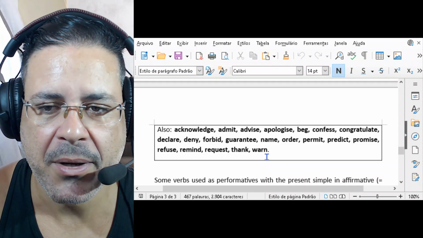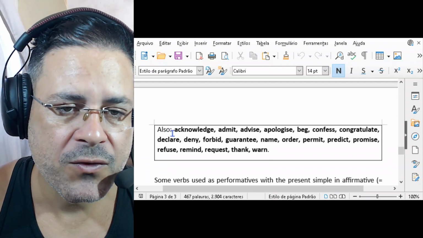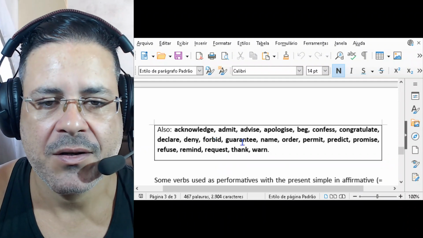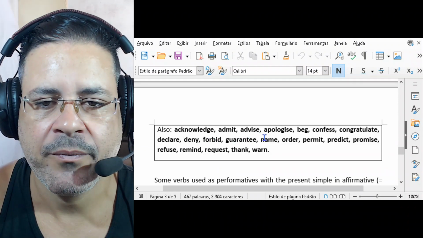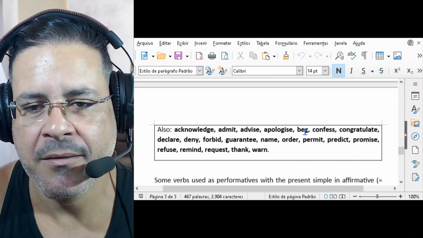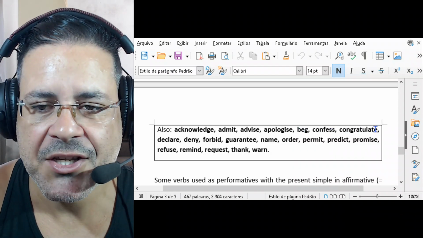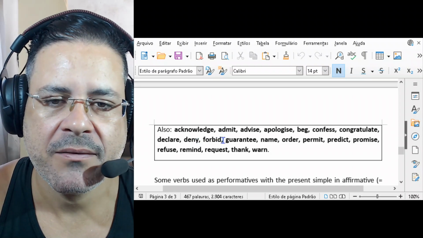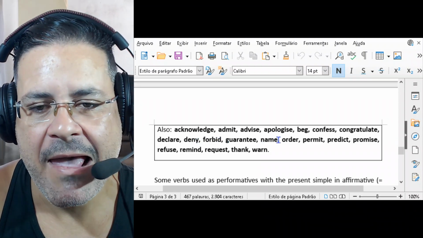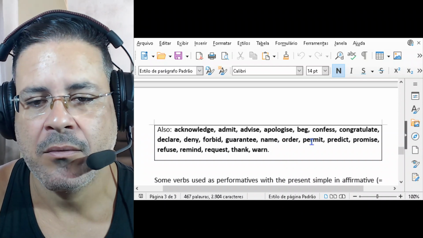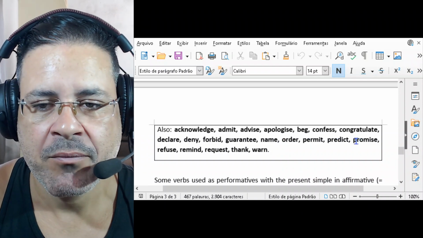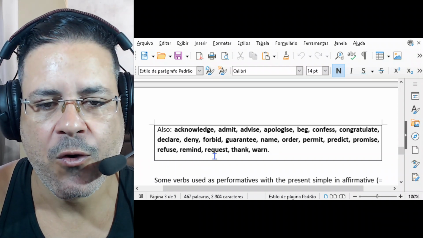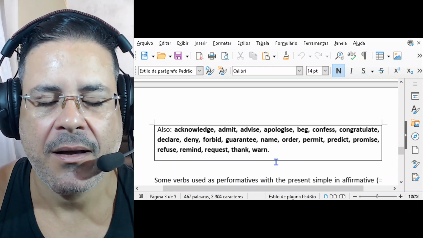We apply that pattern to the verbs, also with those verbs: acknowledge, admit, advise, apologize, beg, confess, congratulate, declare, deny, forbid, guarantee, name, order, permit, predict, promise, refuse, remind, request, thank, and warn.